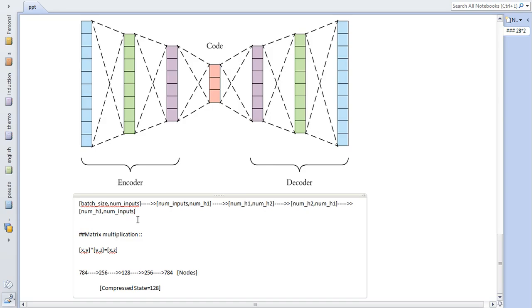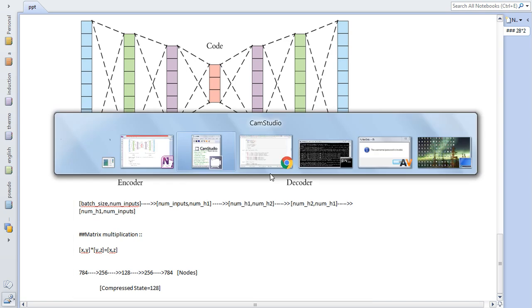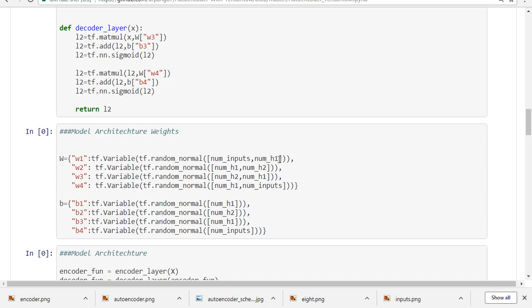See, the input is batch size by num_inputs, so the weight matrix should have num_inputs as the number of rows, and then you can have any number of hidden units. So num_inputs comma num_h1, then num_h1 to num_h2. This is how it is going on. So num_h1, then num_h2, then num_h2 to num_h1, and then num_h1 to num_inputs.